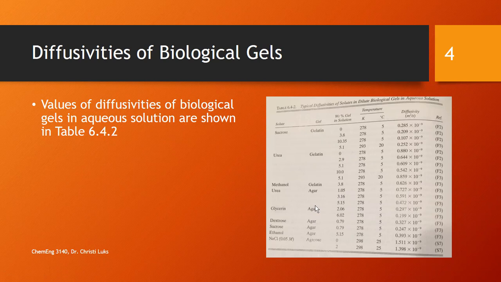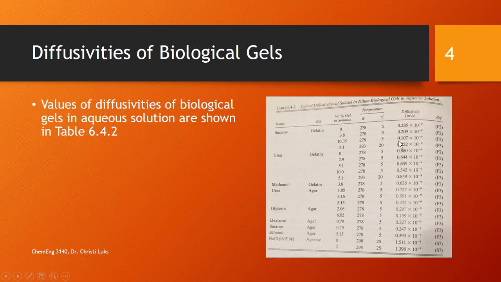Another special case for biologicals is the biological gel. Normally these are gelatin or agar that we're using as our gel, and we have different solutes that we might put in there. Typical are like the sugar family. Okay, and some values of these are given in table 642.